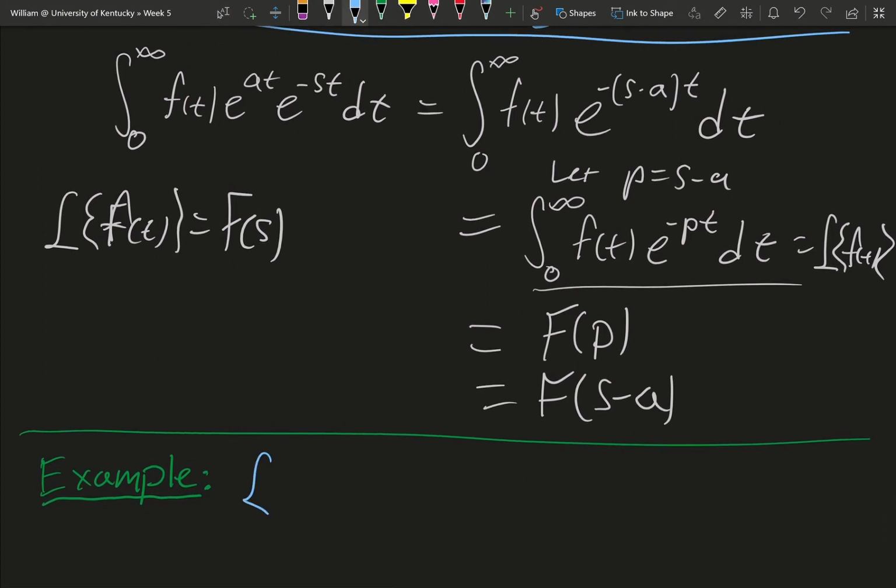So another example, let's compute the Laplace transform of t squared. This was one that actually appeared on the worksheet for our Zoom meeting, so let's do it via the method there, and then I'll mention another way.